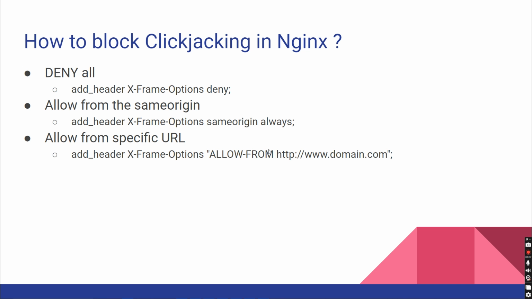Then there is another option, allow from a specific URL. With this capability, we can allow iframing from a specific third-party URL, but we need to explicitly specify the allow-from option with the specific URL. Depending upon your requirement, we need to enable deny all, allow from same origin, or allow from a specific URL.